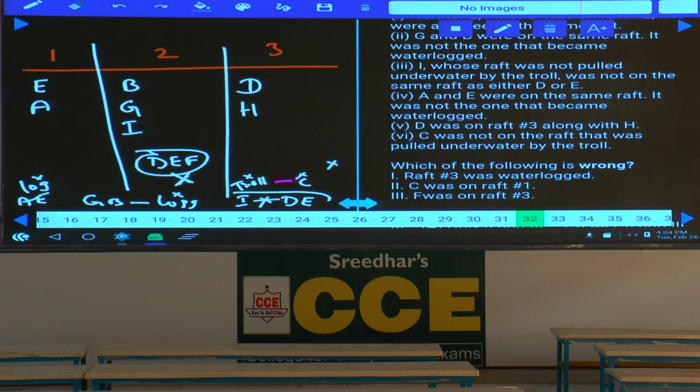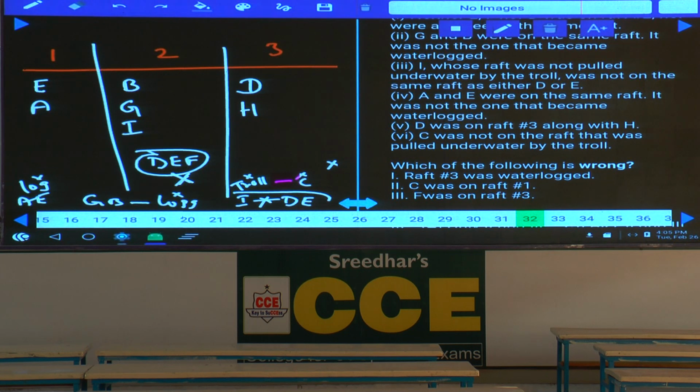D and E cannot be with I. I is not in the trawl, isn't it? I is not in the raft that was pulled by the trawl. C is also not in the trawl. As C is not in the trawl, tell me where should this C be? Who are the persons left over? C is one, F is the other.